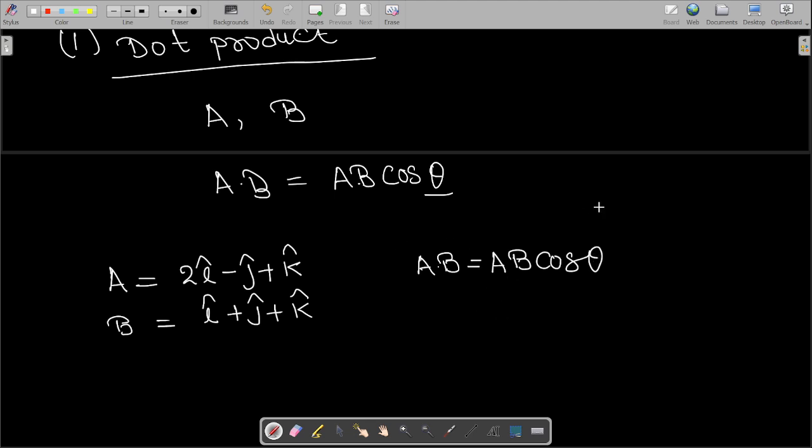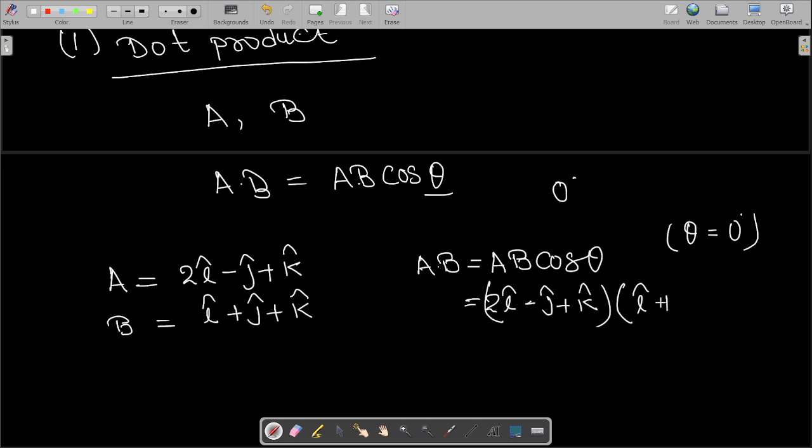Let us suppose the angle between the two is 0 degrees, that is theta equals 0 degrees. So what will be the product? It would be (2 i cap minus j cap plus k cap) multiplied by (i cap plus j cap plus k cap) cos 0 degrees.